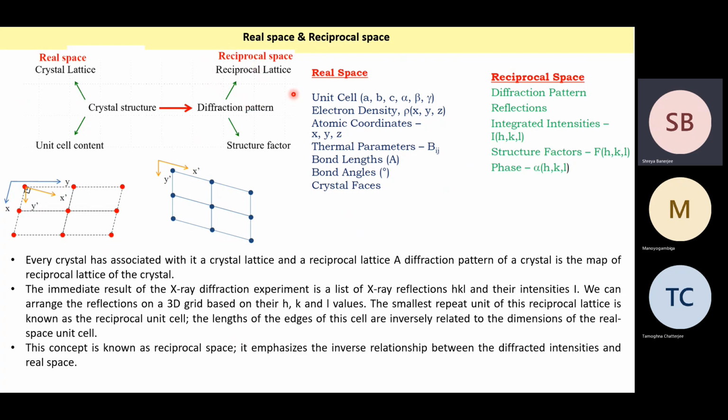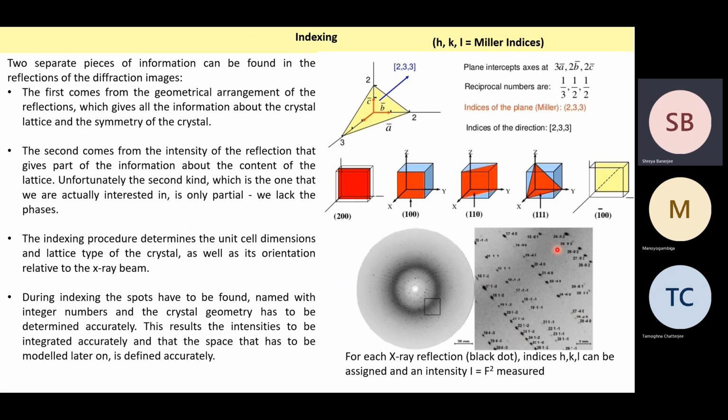So the immediate result of the X-ray diffraction experiment is a list of X-ray reflections HKL and their intensity I. So this is the result of a diffraction experiment. You have many different spots with HKL Miller index values and intensity.